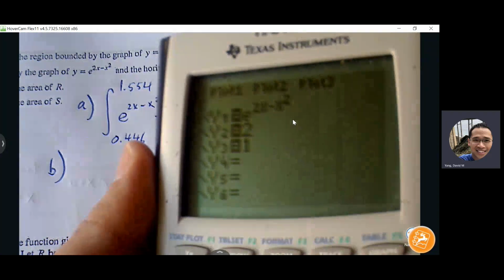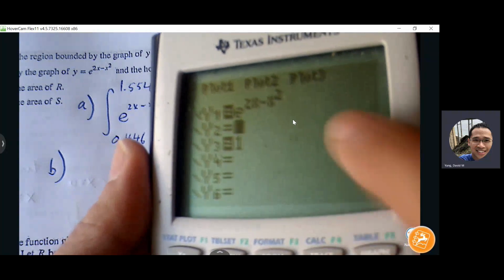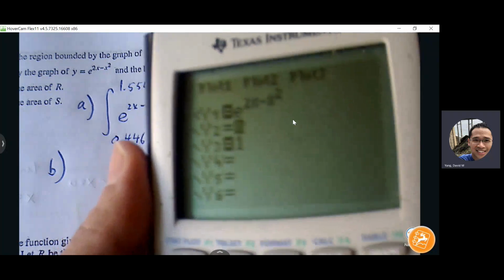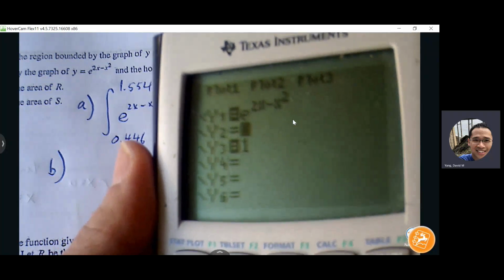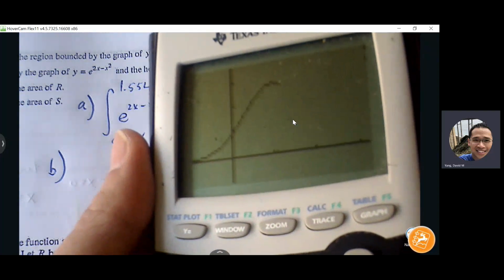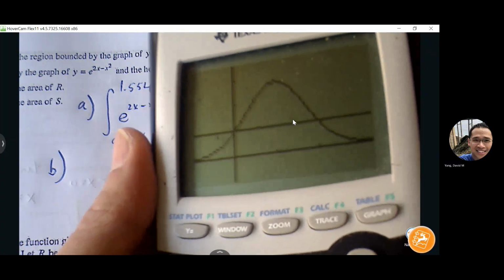If you go to the equal sign and hit enter, it's no longer highlighted, which means that it's still in the calculator, but it's not going to show up on the graph.